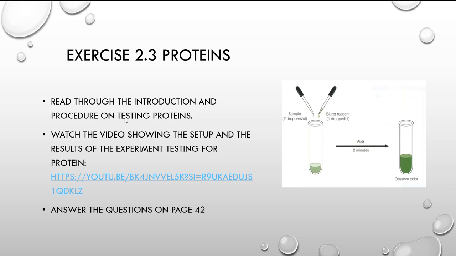Okay, and so you're going to watch a video showing how it's set up, as well as what the results look like for a positive and a negative result. And then once you've watched the video and you've made your observations, you'll go ahead and answer the questions on page 42.